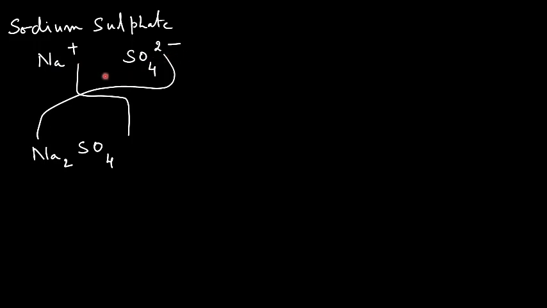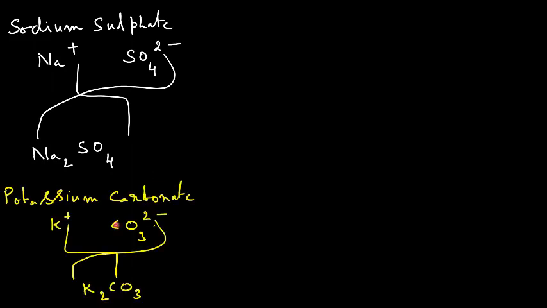So here what do we have to do? The magnitude of charges should be exchanged. So sodium has 1 unit of positive charge, therefore this 2 should go to sodium, and this 1 should come here. If 1 is there, it is not necessary to write. Therefore the formula of sodium sulfate is Na2SO4.